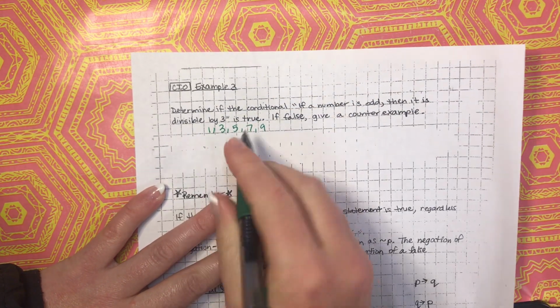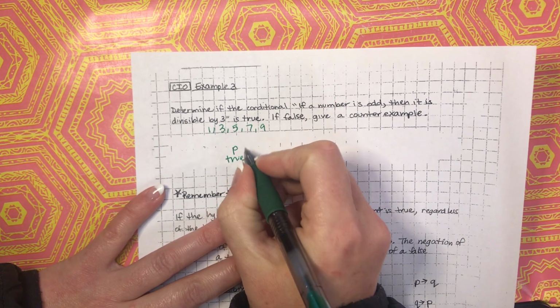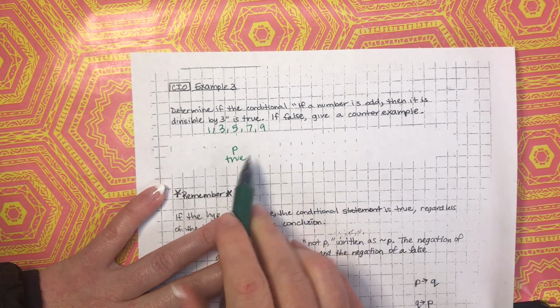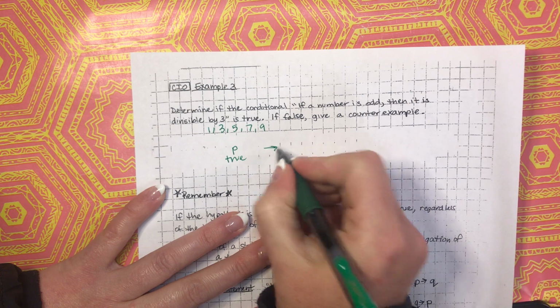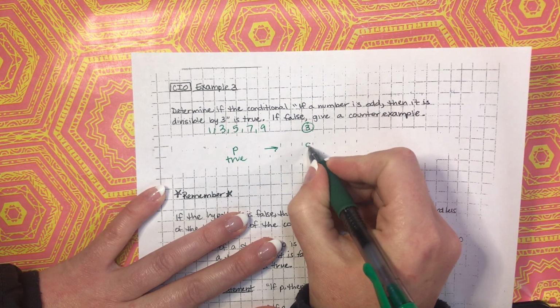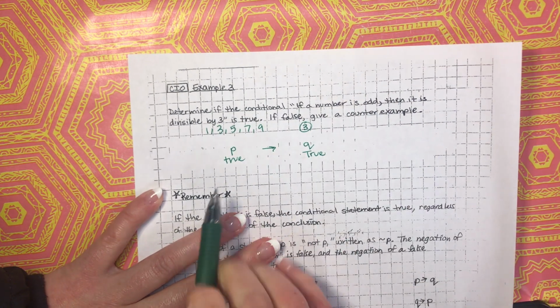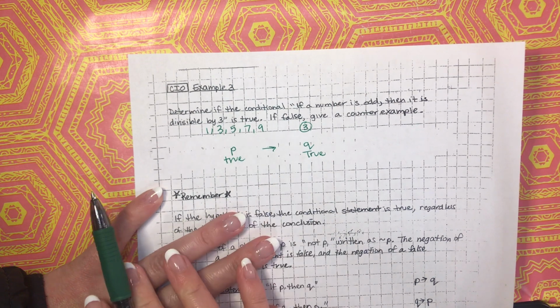Those are all odd. So this would mean that our hypothesis would be true. Then it is divisible by 3. Well, if we looked at the number 3, 3 is divisible by 3, so we could say that that conclusion is true. But is there an odd number up here that is not divisible by 3?